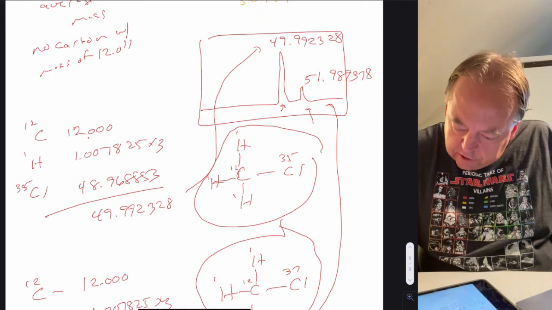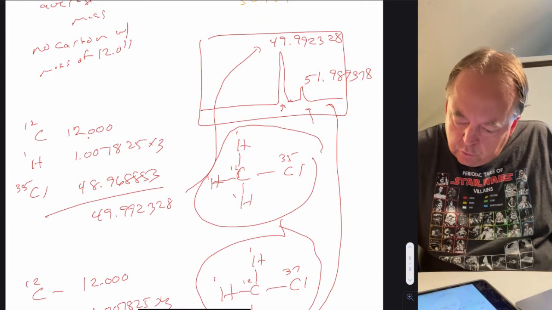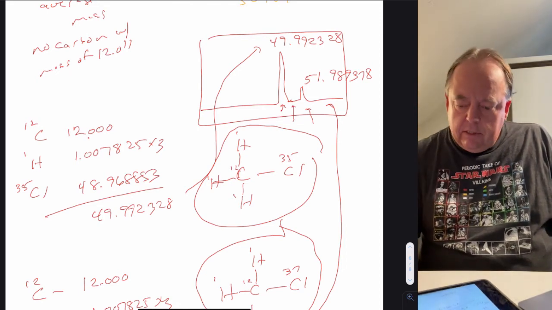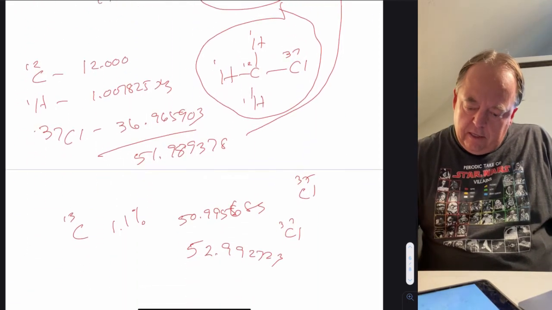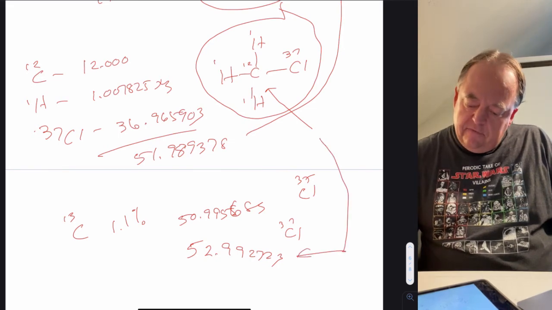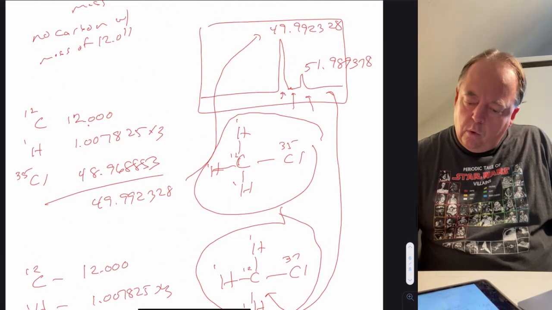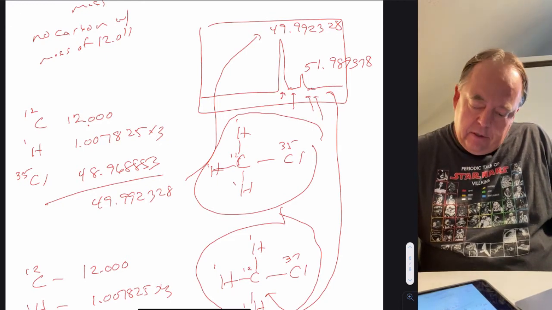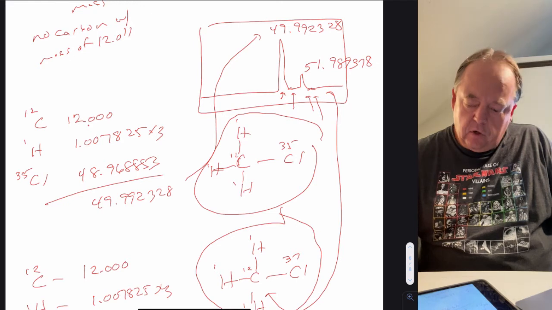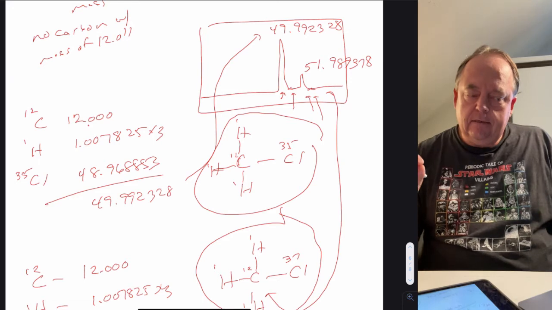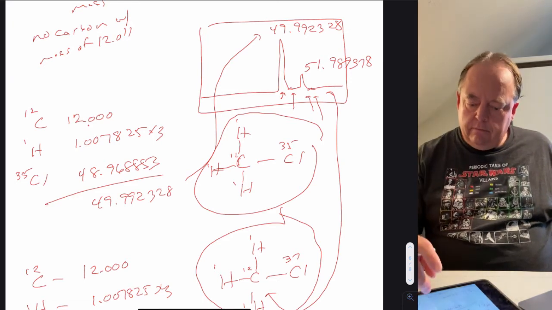But since it's only 1% carbon 13 in nature, that peak is really tiny, and it may be so small that it's lost in the noise in the baseline. The same would be true if you had a chlorine 37 and a carbon 13 in the molecule. That would have a mass of 52.99, about 1 mass unit higher. So there could be a tiny bump here, but again, because there's only 1% carbon 13 in nature, that peak may be so small that you may not be able to see it out of the noise in the baseline.